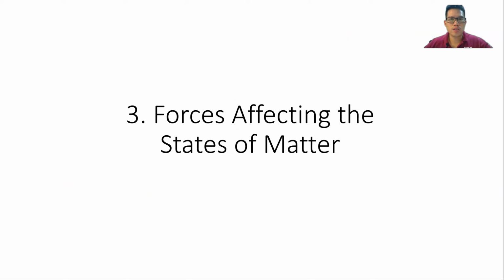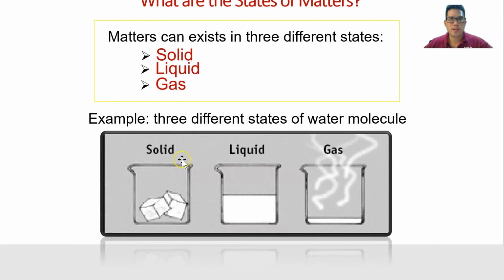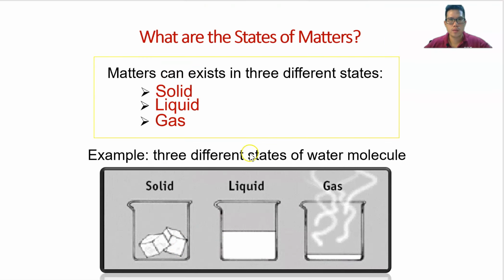Looking at these forces affecting matters, matters can exist in three different states: solid, liquid, and gas. Usually, you will see that it's at a set temperature. Whether it exists as solid, liquid, or gas, usually you need to fix a certain temperature. Say you're talking about room temperature, theoretically about 24, 25 degrees Celsius.